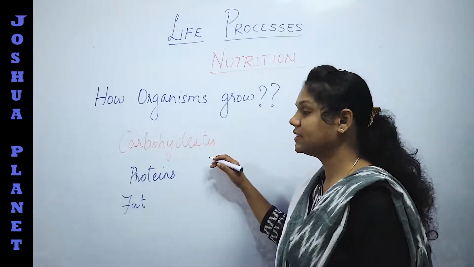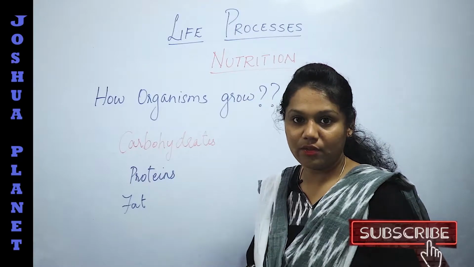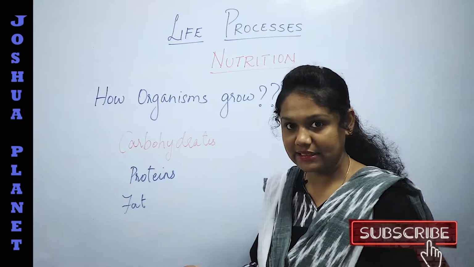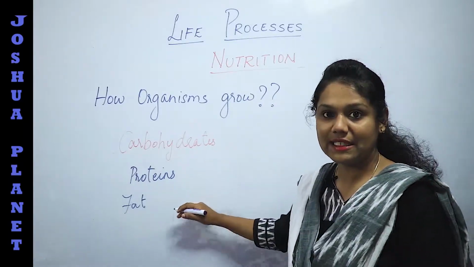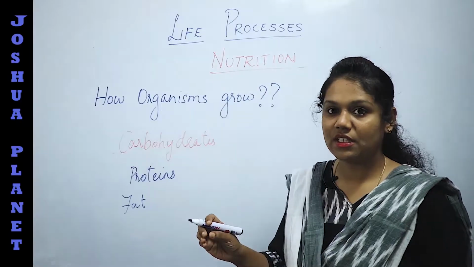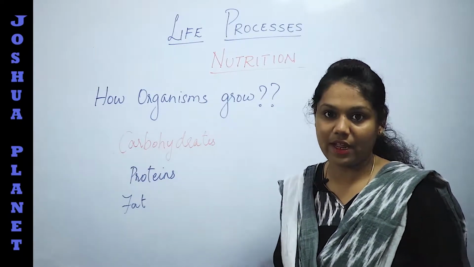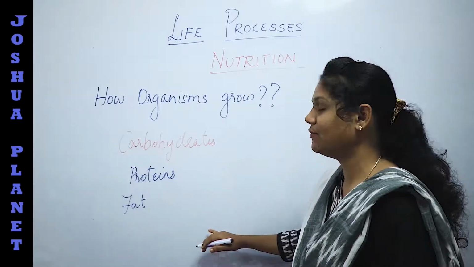Take the example of your food or the things that you eat. We basically eat chapatis, rice, dal. So all these things have carbohydrates, proteins and fat in them. And we take a little amount of minerals and vitamins in all the colorful foods that we take, right? But the major nutrients are carbohydrates, proteins and fat.